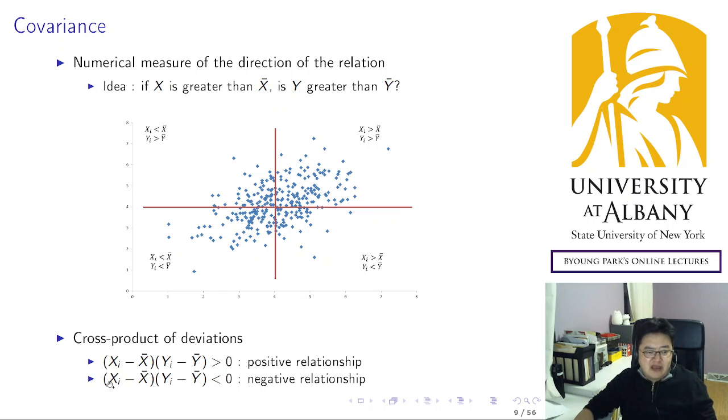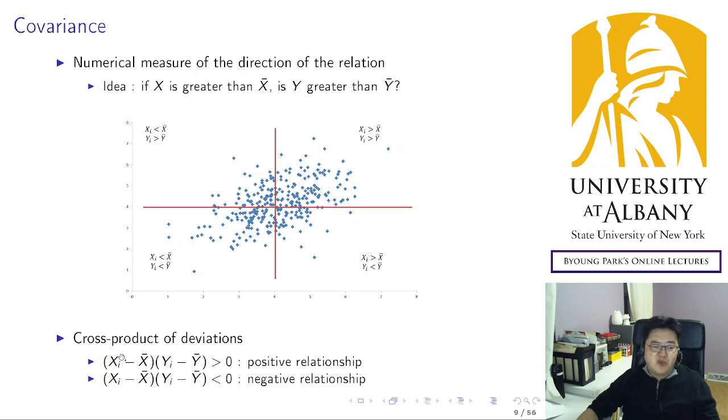However, if they move in different directions, then the change in x and the change in y will have different signs. One is positive and the other is negative, so their multiplication will give you a negative number. So we calculate this for each observation.